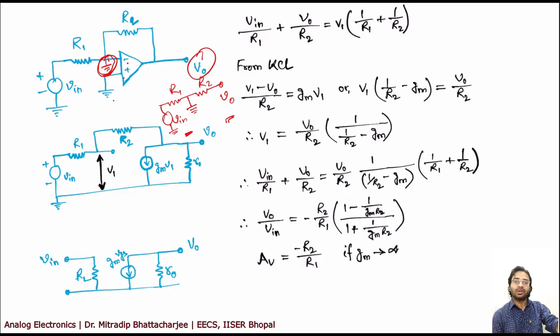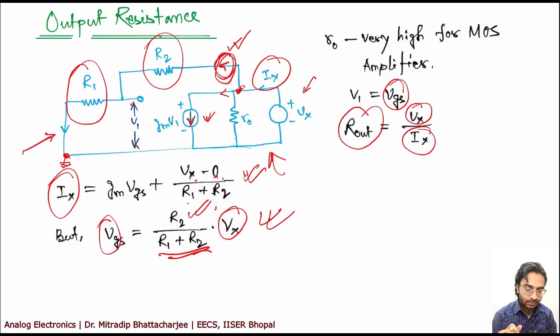You can consider the potential here to be 0, but it does not mean that your current is sinking over here. It is not a physical ground. Please remember this. This is very important concept to remember. Otherwise, you may find that things are not matching with the logic. Is that okay?